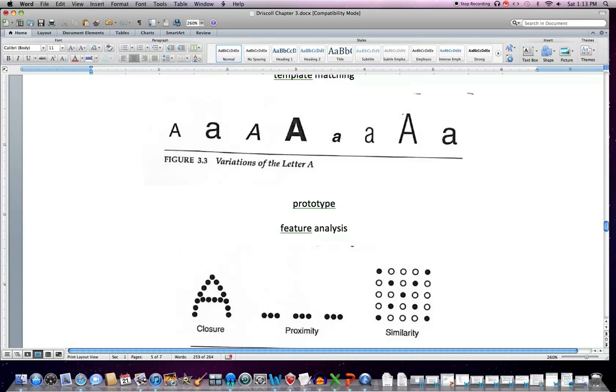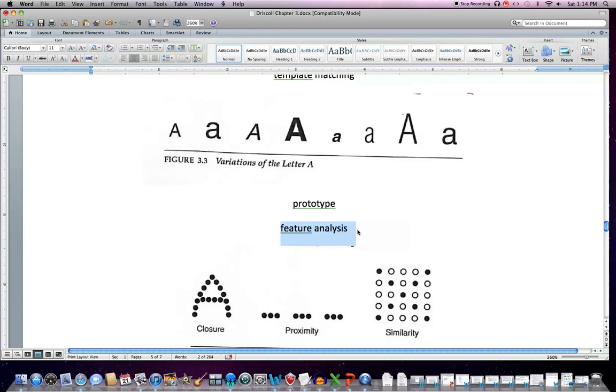You're able to make it out into a whole and figure out what it says. Well, these theories can't really account for that. For example, if some of the features are missing, how can you tell what the letters or the words are? If you have a list of features and 2 of the 6 features that are necessary to define this are missing or illegible, unreadable, how do you identify it?